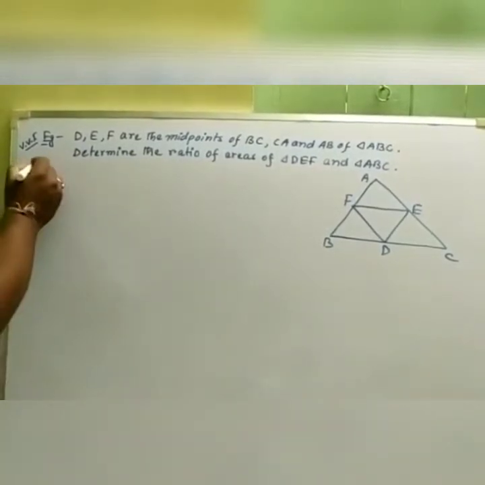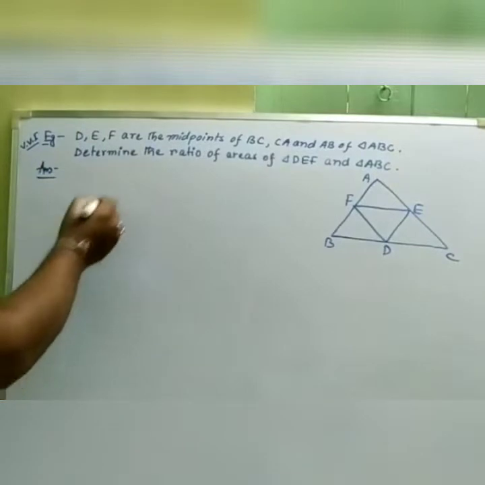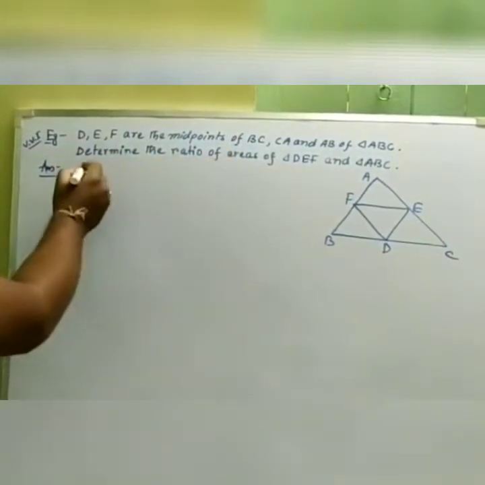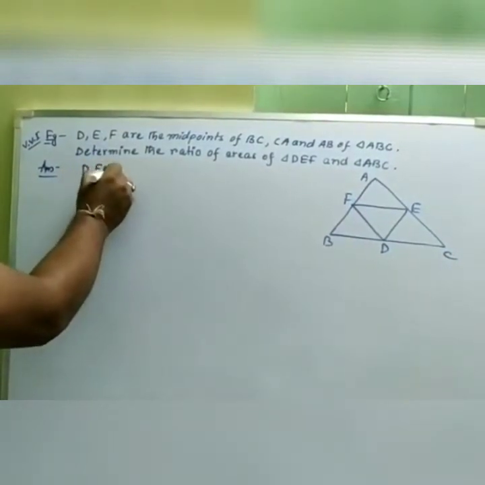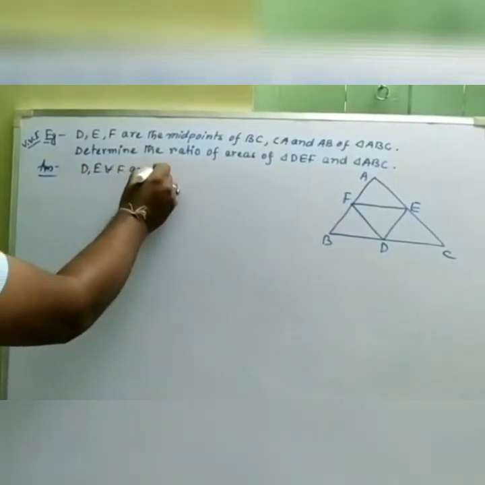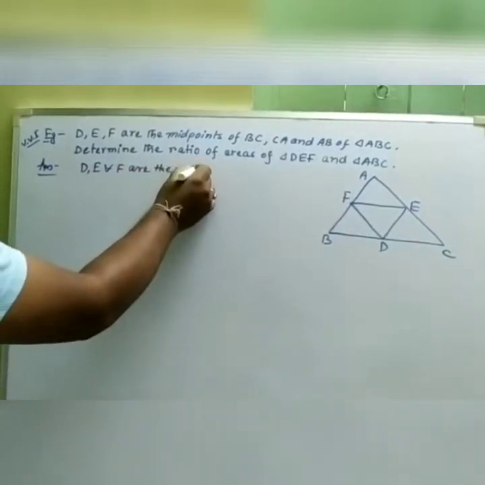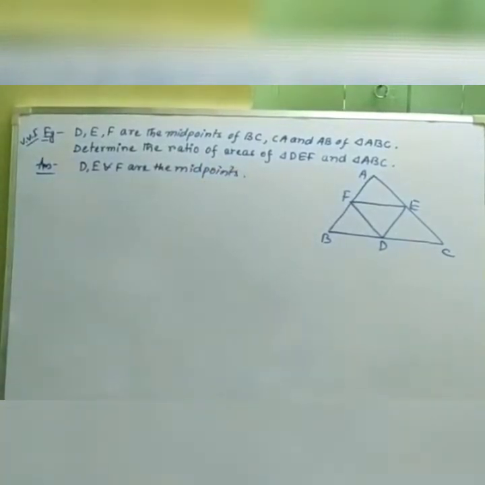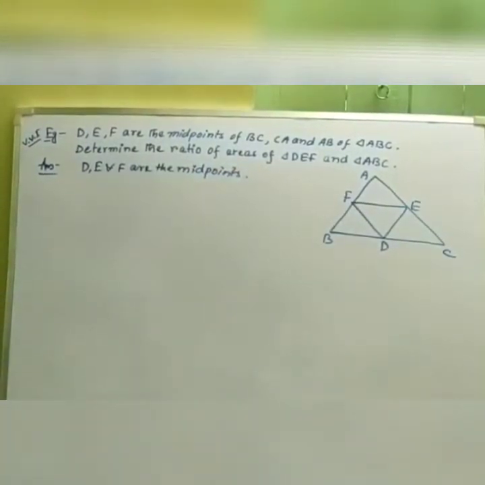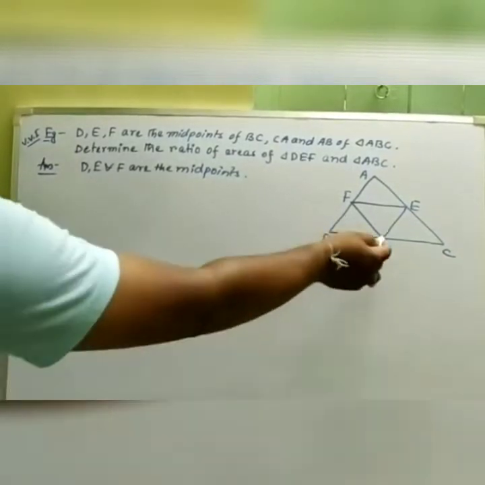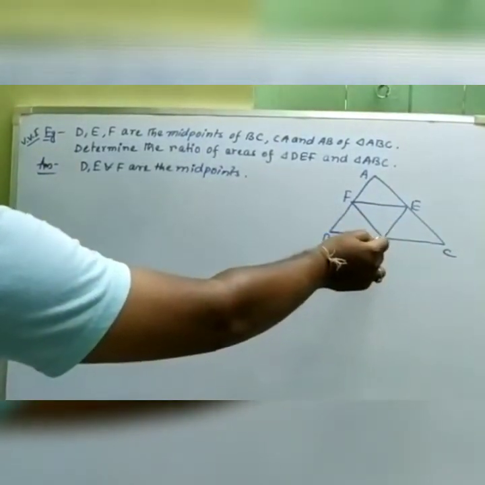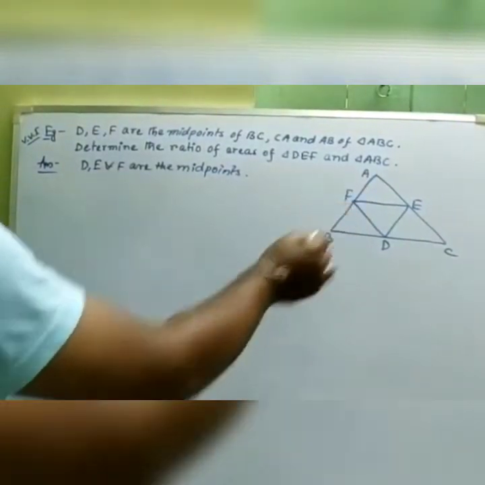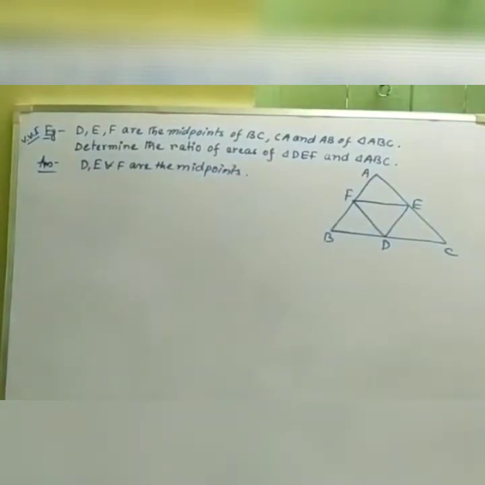So here you can see that D, E and F are the midpoints. So here we will use the midpoint theorem of class 9. You can see D and E are the midpoints. The line joining the midpoints of any two sides is parallel to and half of the third side, that we have learned in class 9 as the midpoint theorem.